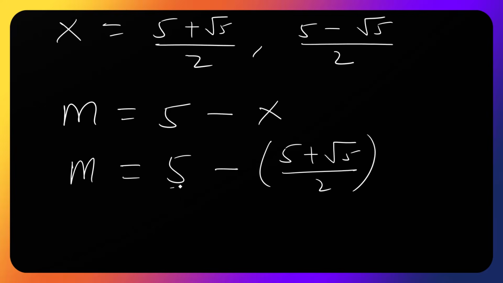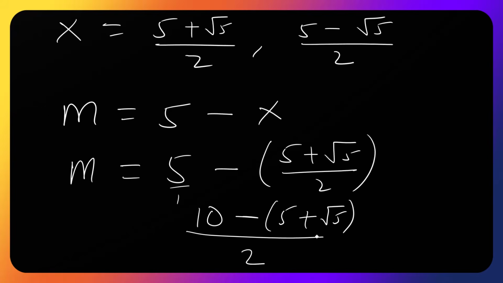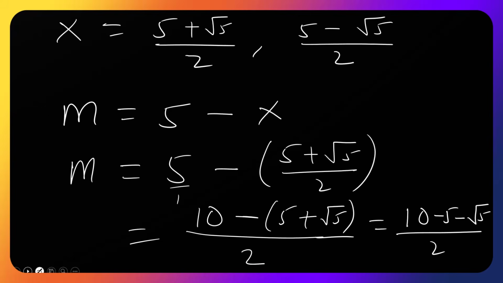Let's make this side a 1 and find the LCM. 2 times 5 is 10, minus 5 plus root 5. That will be 10 minus 5 minus root 5 on 2. So my m will be 5 minus root 5 on 2. That is the first answer for m.